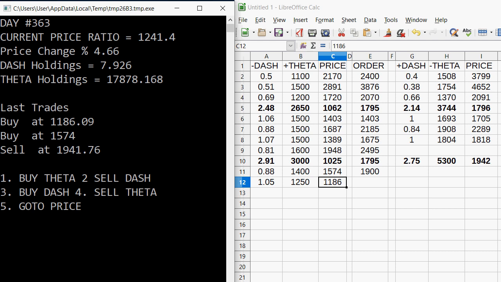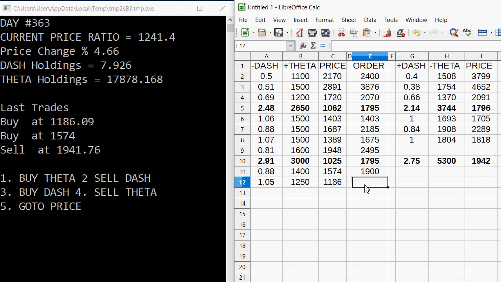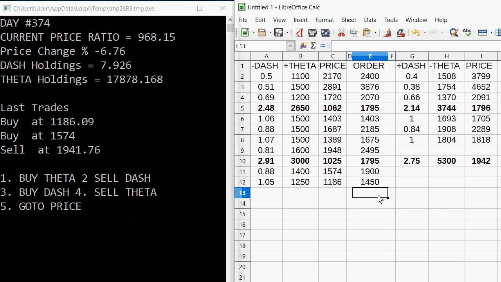Okay, so we'll put this in again at 1186, which means we'll go 975 or 1450. Sounds good. And it's 968, so we'll do another long-term order.